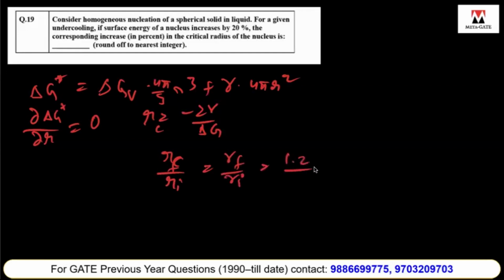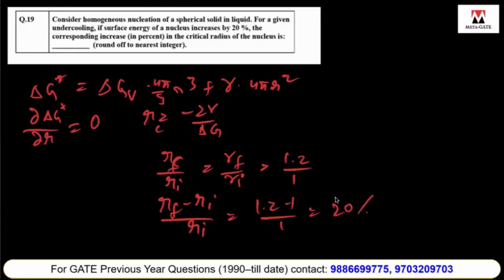If this is 1.2 and this is 1, then R final is 1.2 times R initial. So R final minus R initial by R initial is equal to 1.2 minus 1 by 1, which is 0.2. As it is given in percentage, 20%.